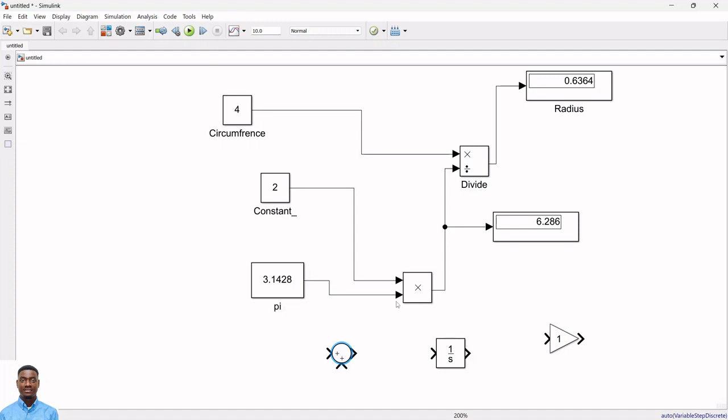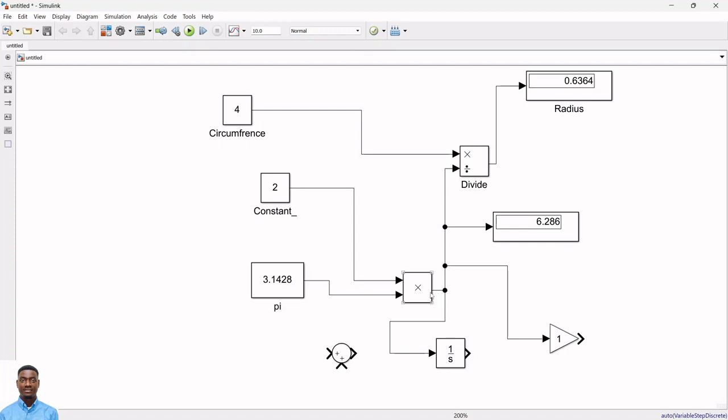I can have several pick-off points on the same wire. I can have another pick-off point here, from this same wire. The same signal that is flowing into this display block is the same signal that will flow into this integrator block, and I can pick the same signal again into this gain block. All these points are pick-off points from this single wire.